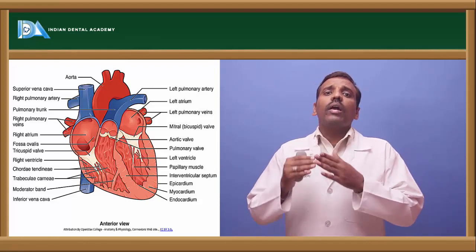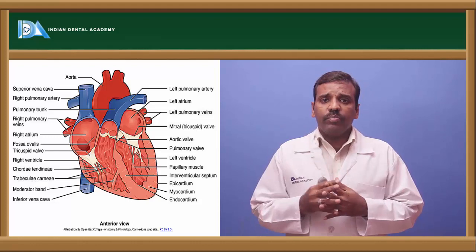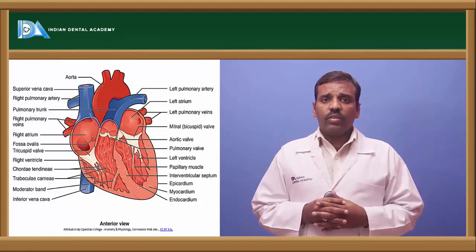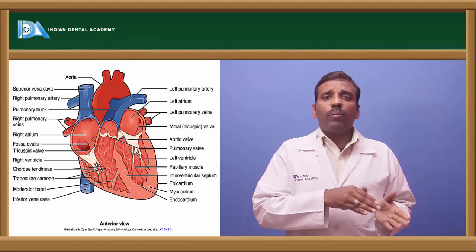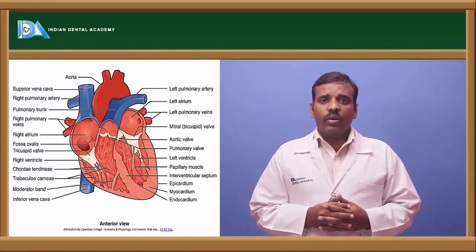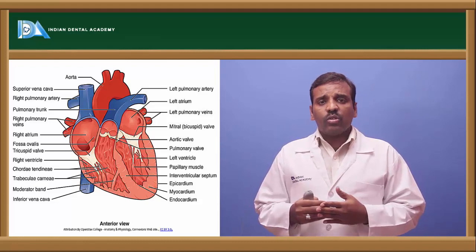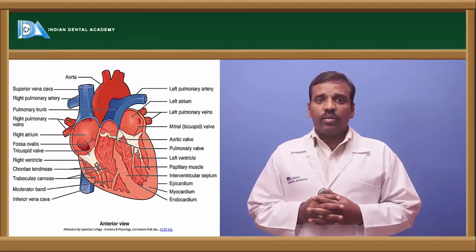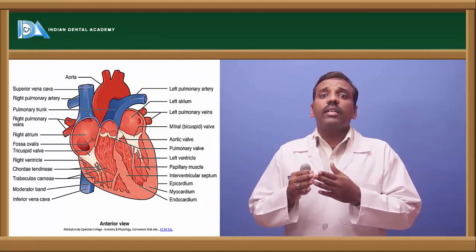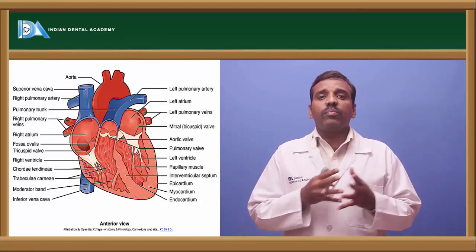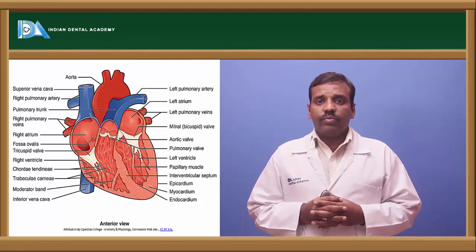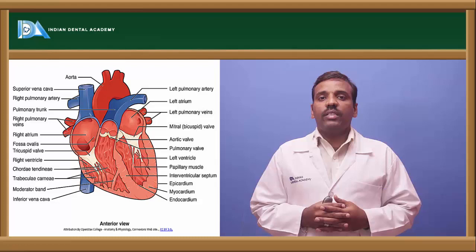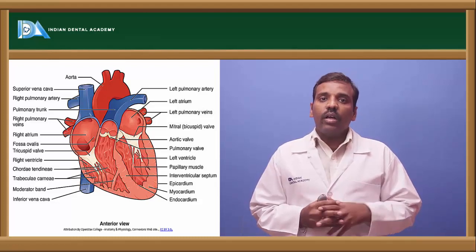The right atrium is connected with the vena cava, by which the blood comes into the heart. The left atrium collects the blood from the lungs, and the right ventricle sends the impure blood into the lungs.